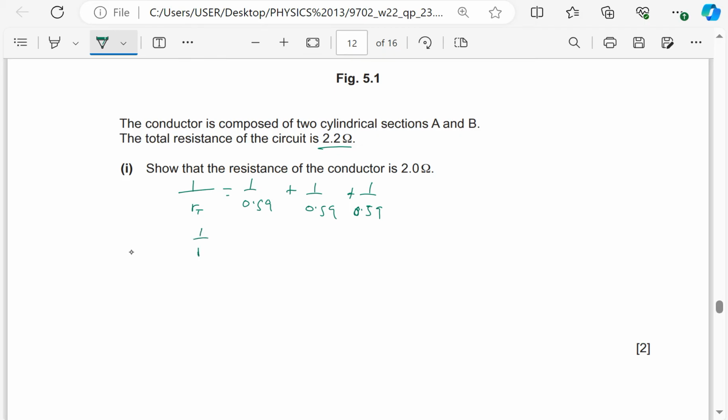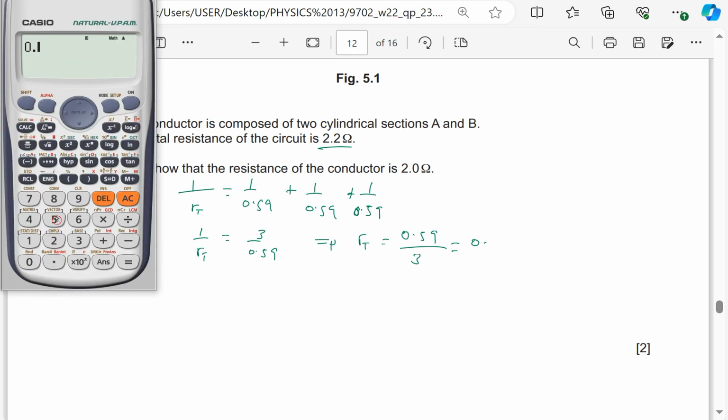So 1 over R total is going to be equal to 3 over 0.59, which implies that total internal resistance is going to be 0.59 divided by 3, which is 0.197.